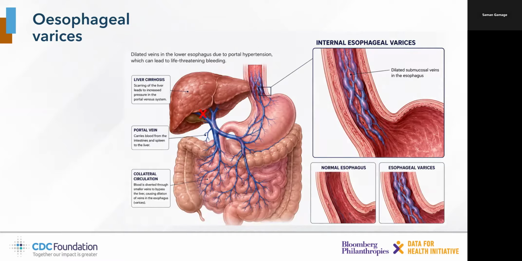And here is another picture of esophageal varices. Dilated veins in the lower esophagus are due to portal hypertension. That means the pressure generated within the liver circulation or portal circulation. And this patient is having portal hypertension due to cirrhosis.